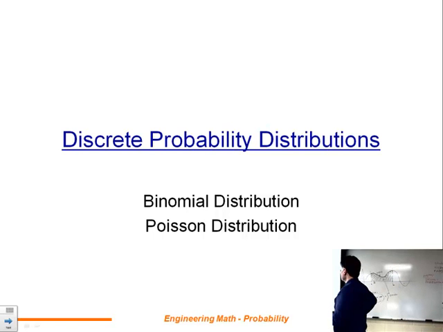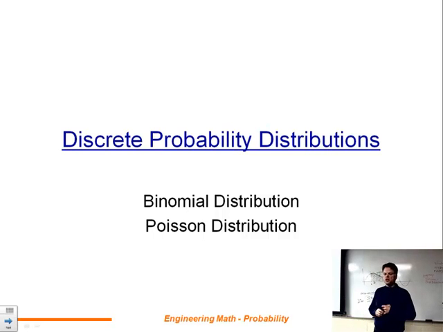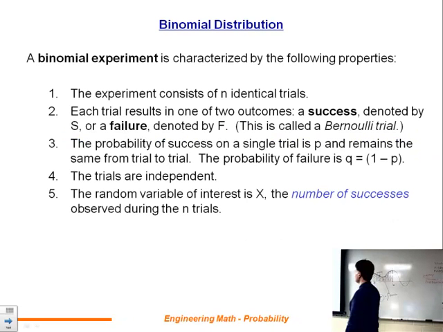So the discrete ones we're going to do are the binomial distribution and the Poisson distribution. These are probability distributions for collections of random variables that often occur in the real world. And they have probabilities according to a particular distribution, and here's how we're going to describe them.